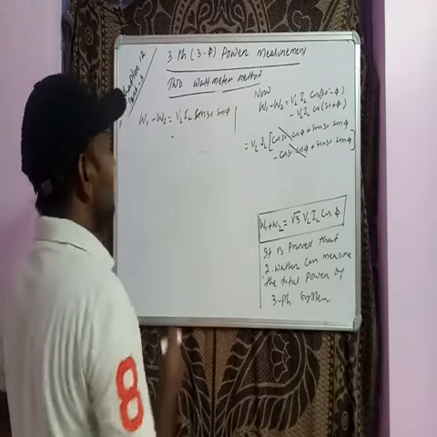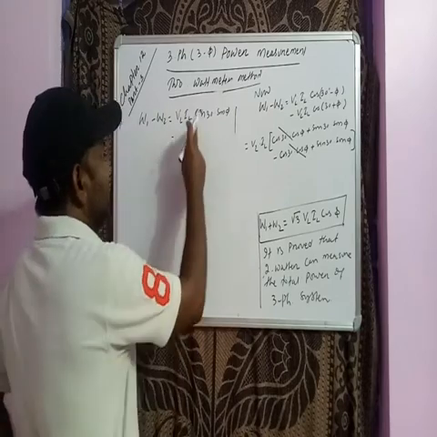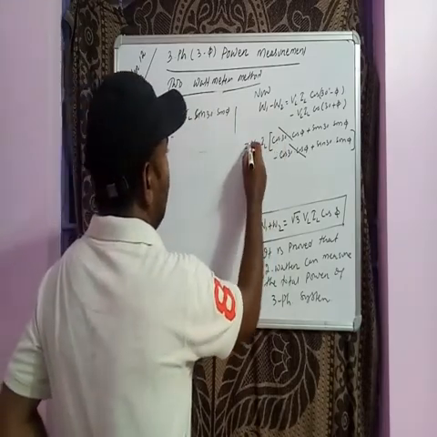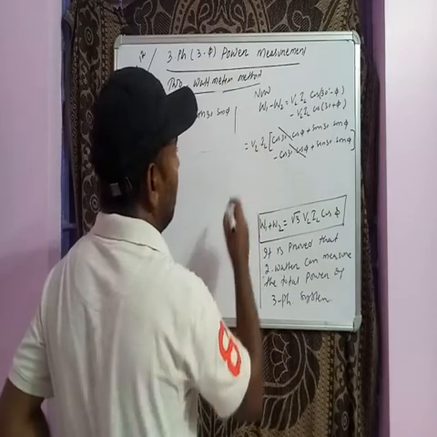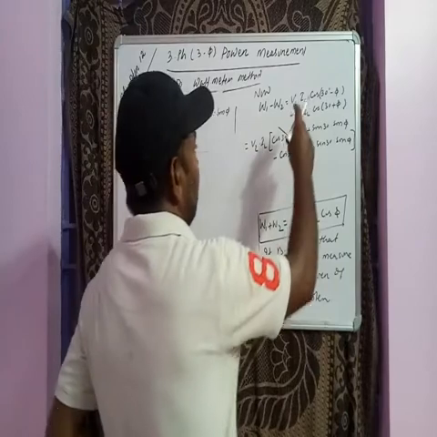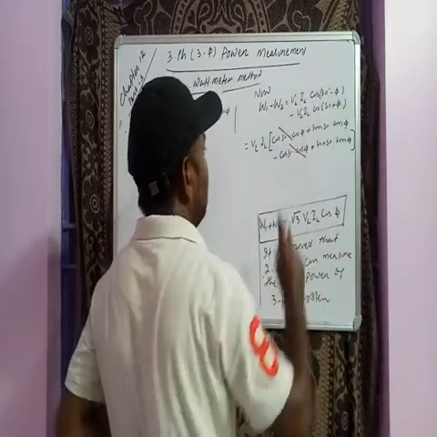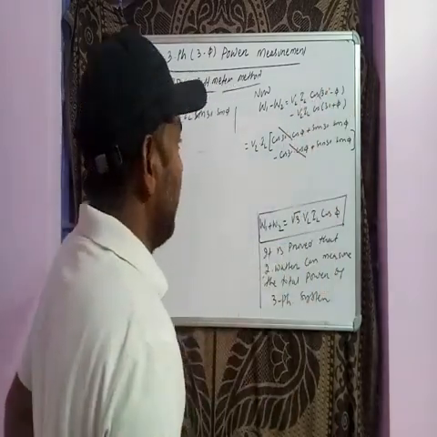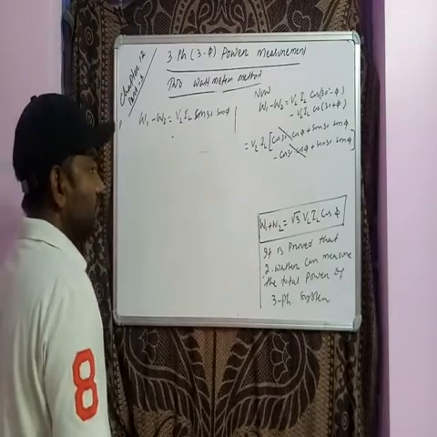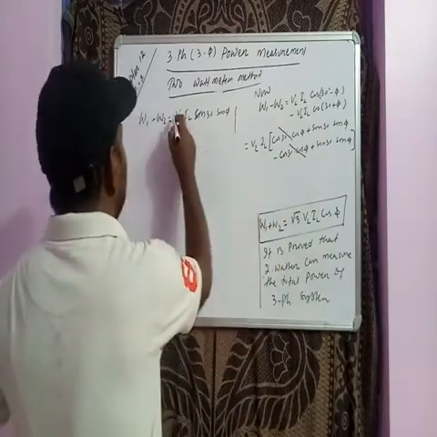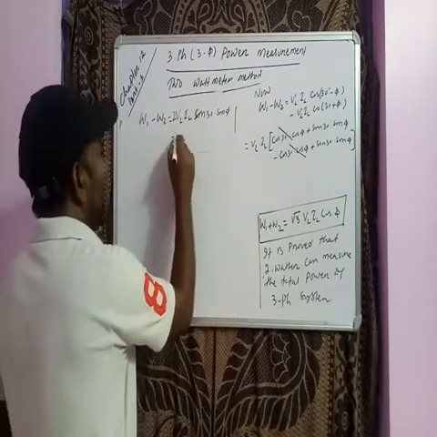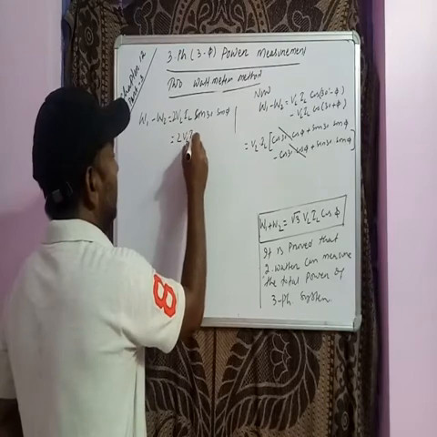As we have taken VL IL common, now it is 2 VL IL sin 30 into sin phi.